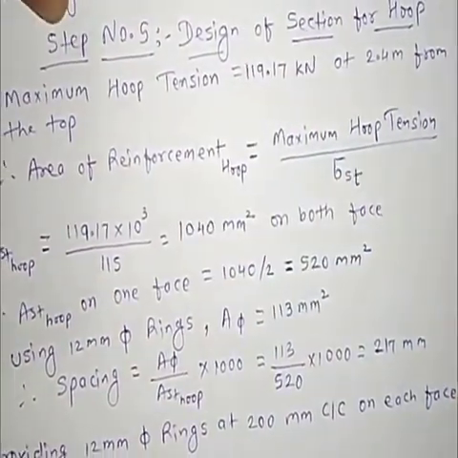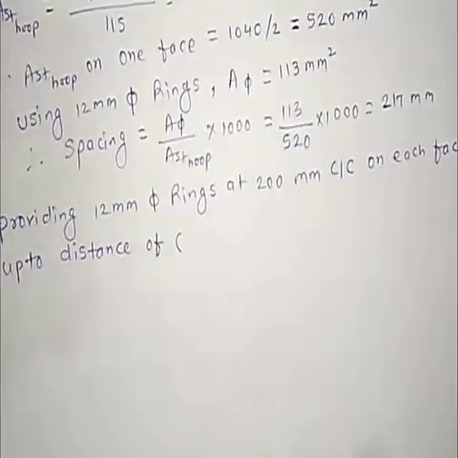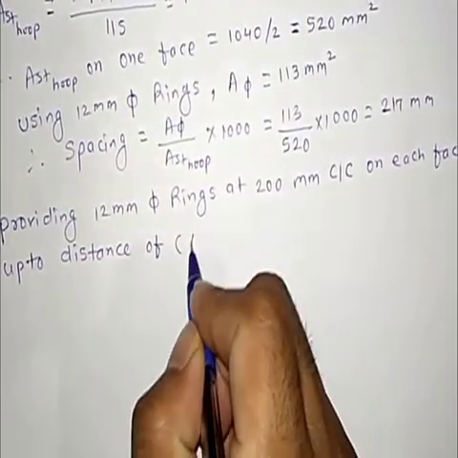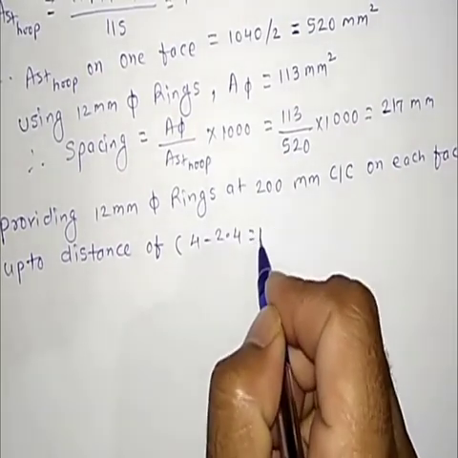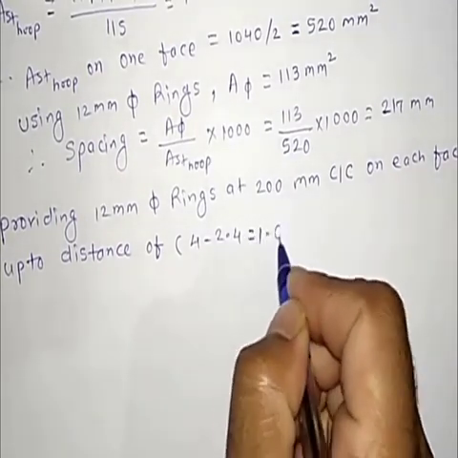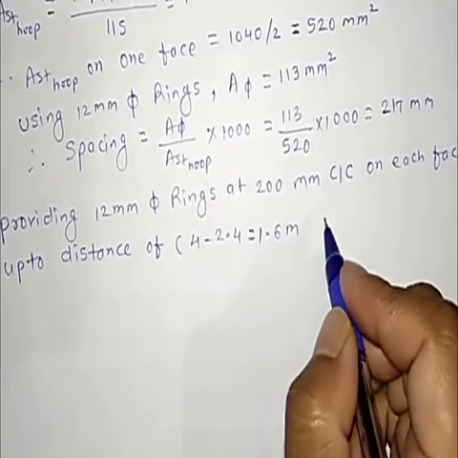So from the base we can consider 4 minus 2.4, which is equals to 1.6 meter.